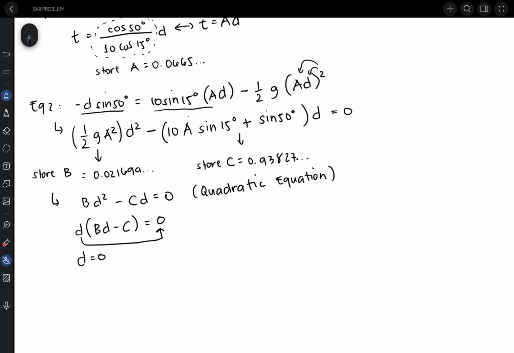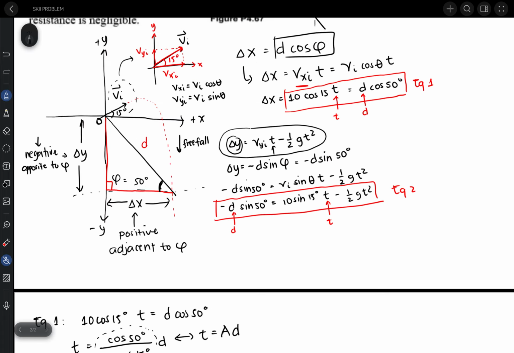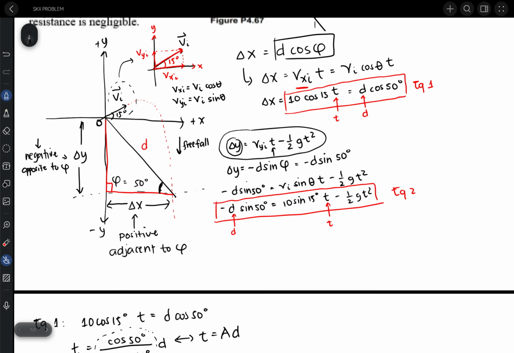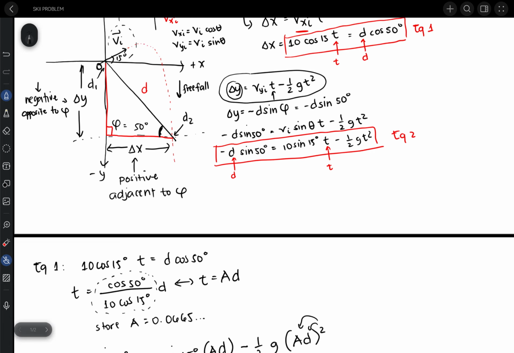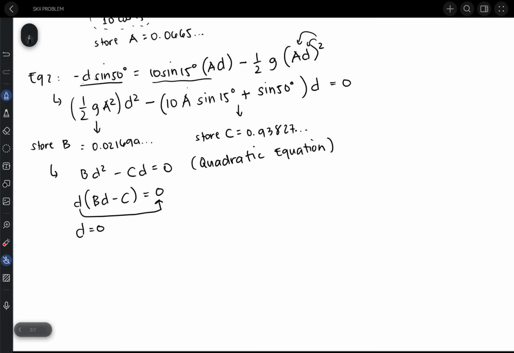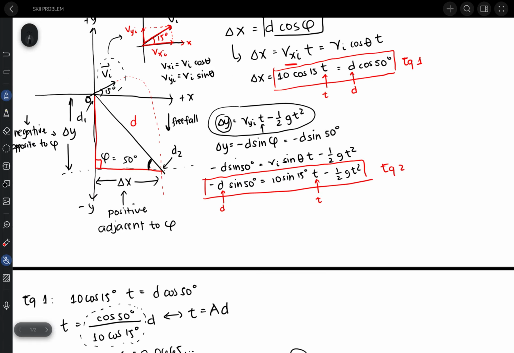We know that this is 0 because this part of the platform touches the origin, so that could be our d1, and this could be our d2, the second root. d1 will equal 0 because it touches the origin.